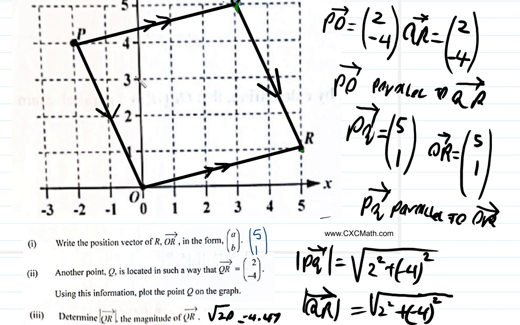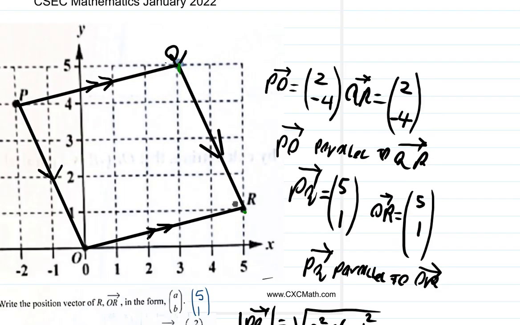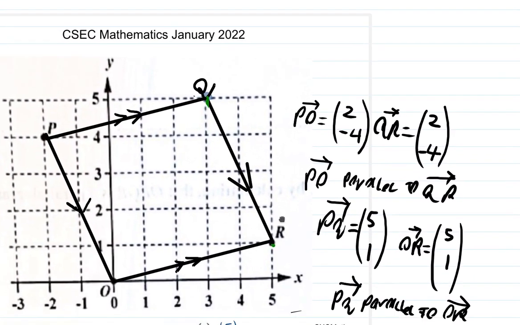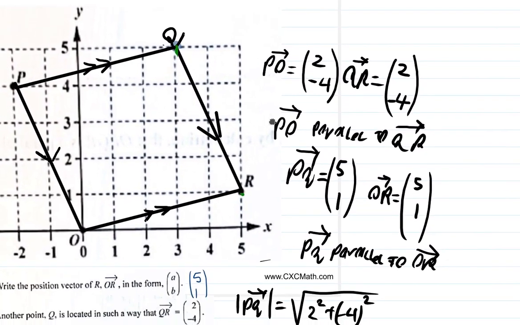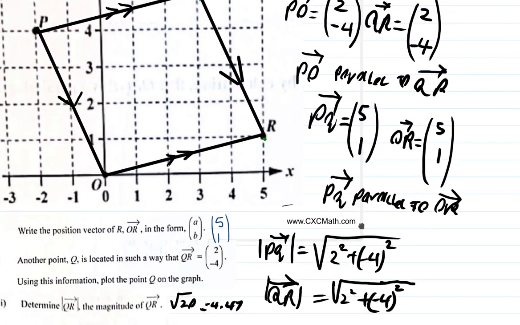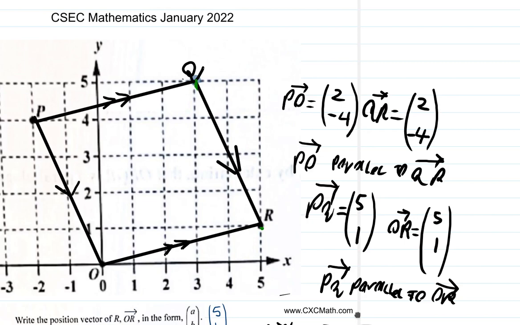They have the same direction. The directions would be sufficient to show that it's a parallelogram. The directions alone. Alright? But you could also show the magnitudes if you have enough time.